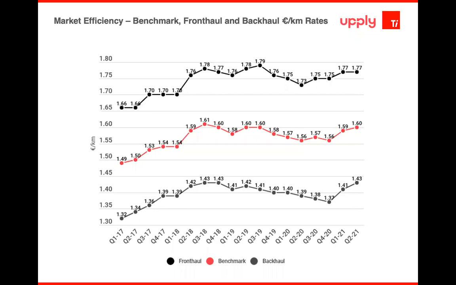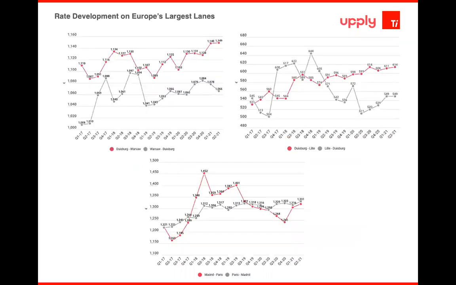Okay, well, now that we're seeing that, as Andy says, volatility stabilizing, it's probably good to see how things are looking on an individual lane basis. Every quarter when we're looking at road freight rates, we tend to focus on the highest volume lanes first of all. And here we're looking at 3 of the largest lanes in Europe. You can see a bit of that price volatility that we've mentioned in previous quarters as prices fluctuate across these lanes.